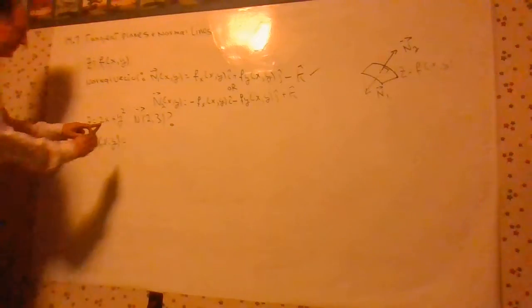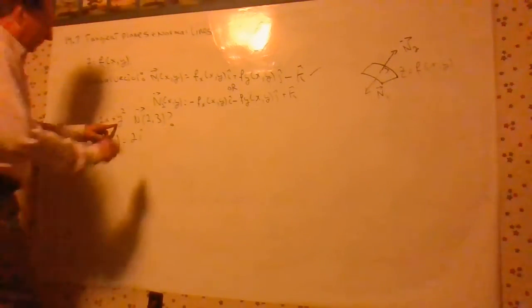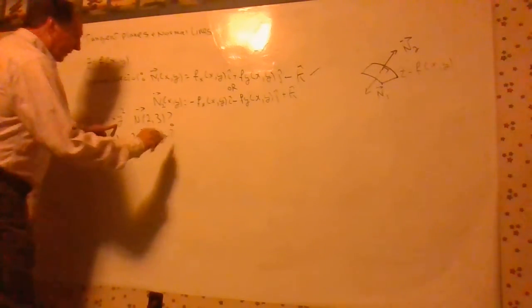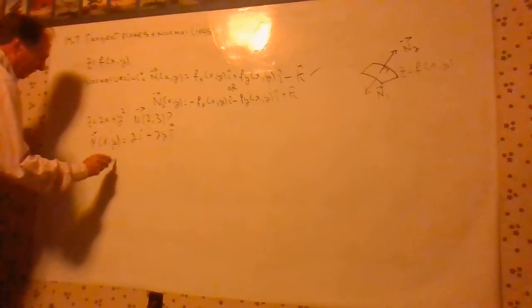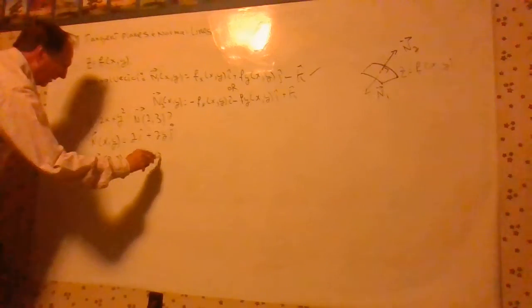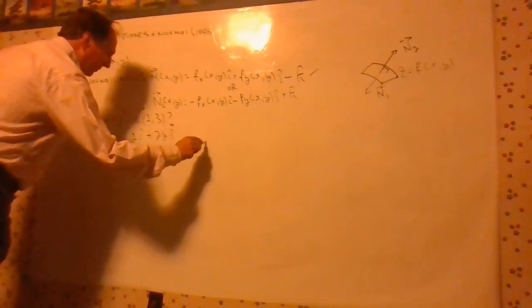We take the x partial, which is 2, put an i in front of it, and then we take the y partial, which is 2y, put a j in front of it. And then in particular, if we want n of 2, 3, we have 2i plus 2 times 3j, and that's equal to 2i plus 6j. That's normal to the surface, sticking straight out.